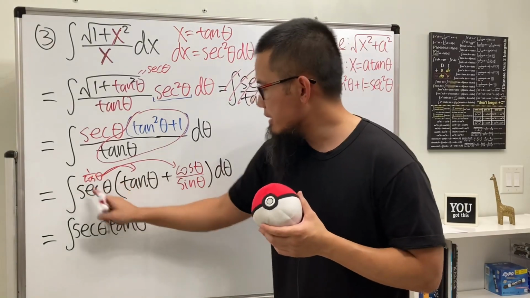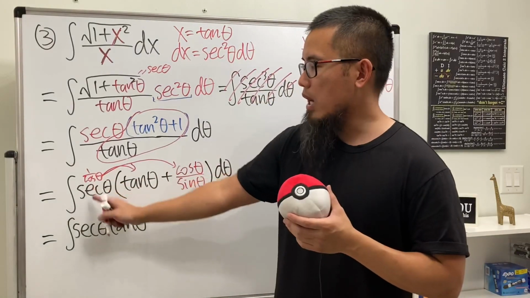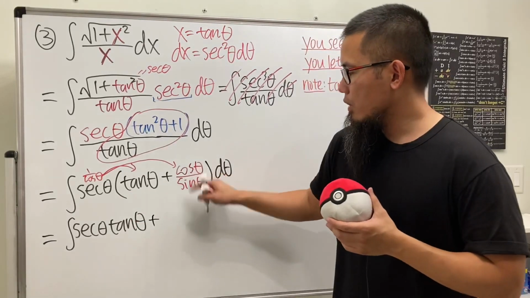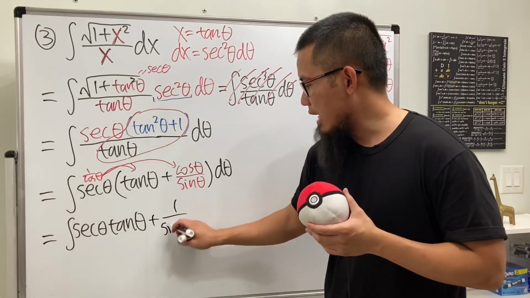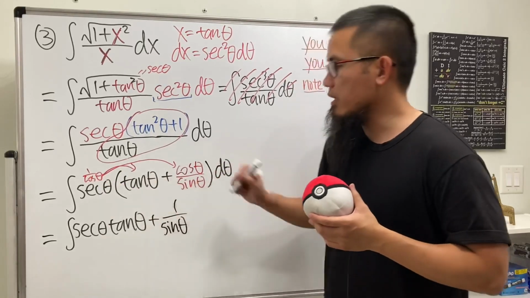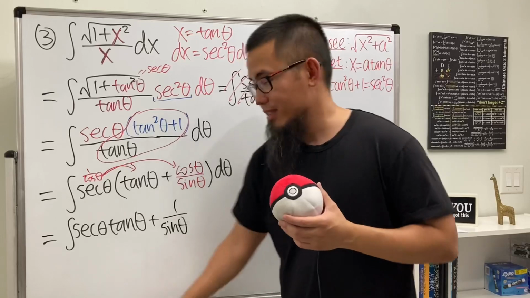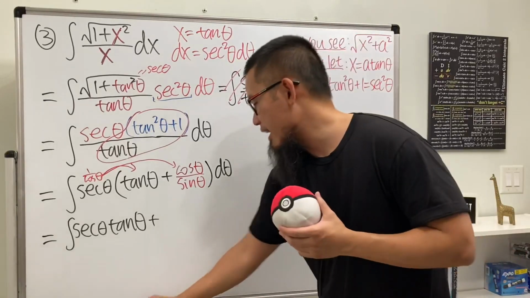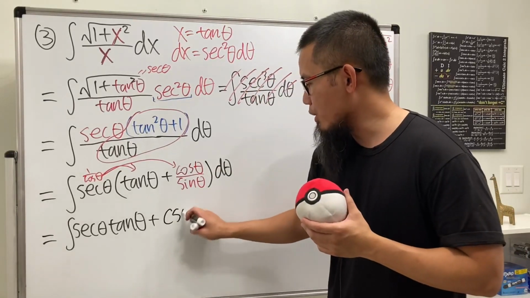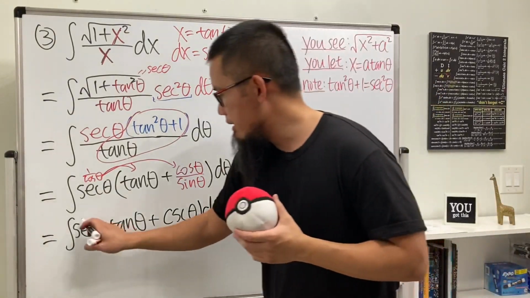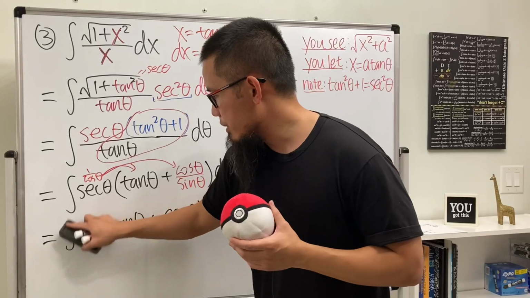So when we multiply this and that, the cosine theta will cancel out. In fact, we just end up with plus 1 over sine theta, because again, they cancel out. And I'm just going to replace this with what? Cosecant theta. Yes. So this is cosecant theta, like so. d theta, like this.